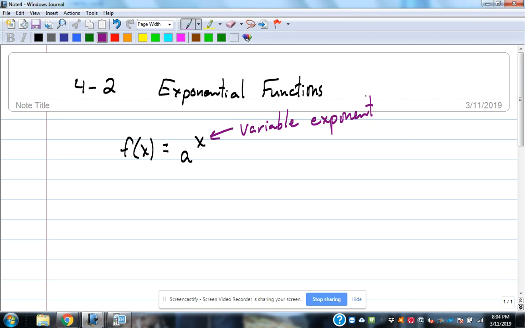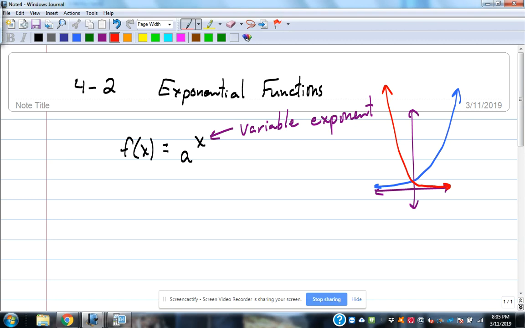Exponential functions generally have a shape that looks something like this, and that's exponential growth. It's growth because it's going up and to the right. If it were going down and to the right, it would be decay, is what it's called. So this is exponential growth, and then this graph would be exponential decay.